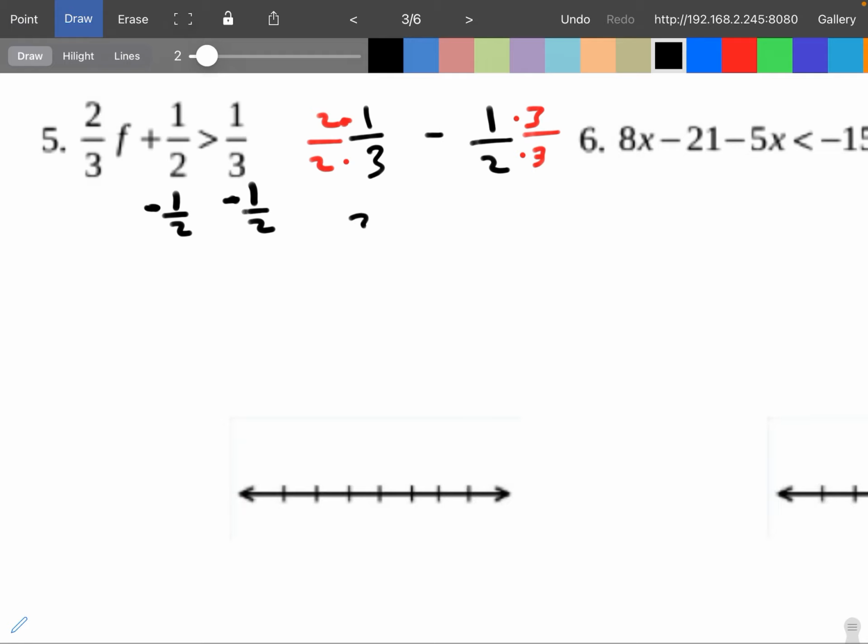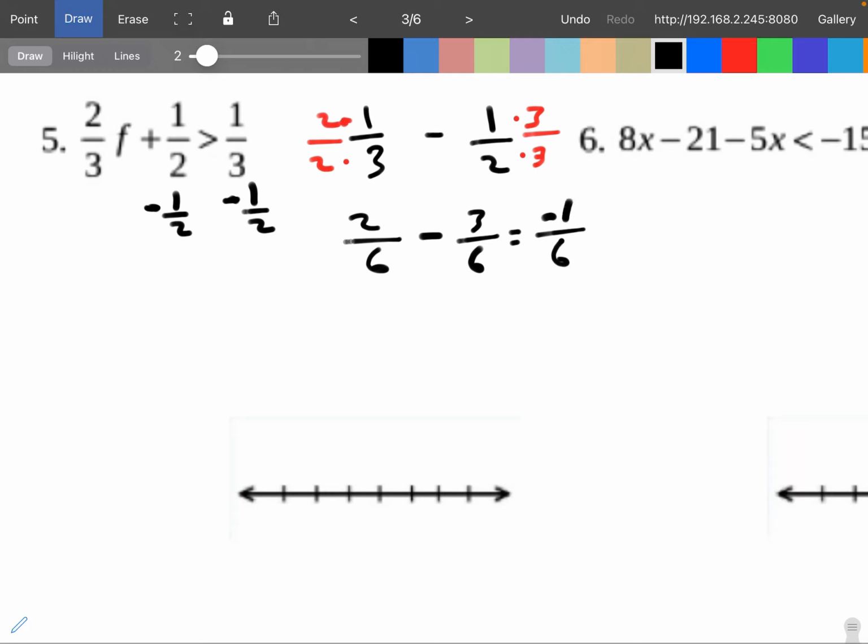And now that denominator will be a 6. So if you multiply straight across the numerators, straight across the denominators, on the left here I'd have 2 times 1, so that's 2/6. And then the one on the right there, if I do 1 times 3, that's going to give me 3/6.